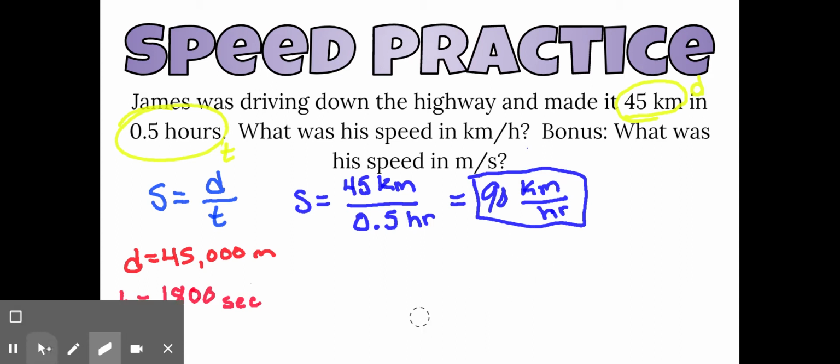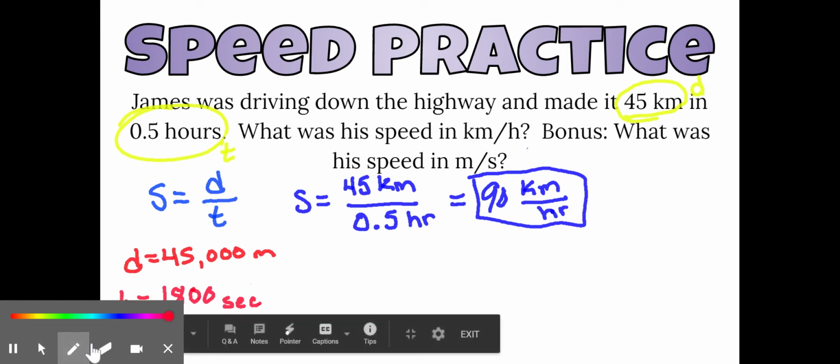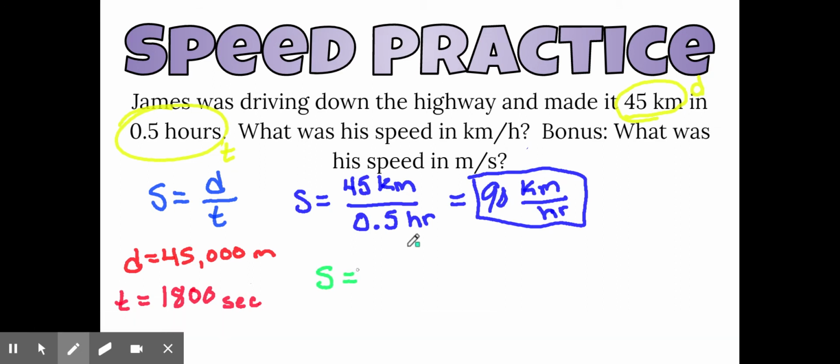And we can find our new answer in meters per second. So we have speed is equal to our distance of 45,000 meters over our time of 1,800 seconds.